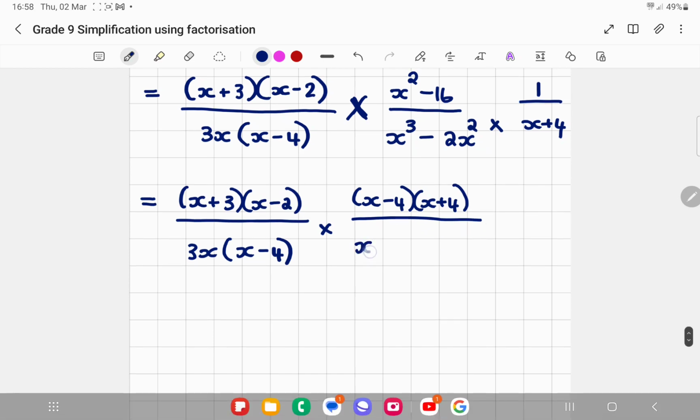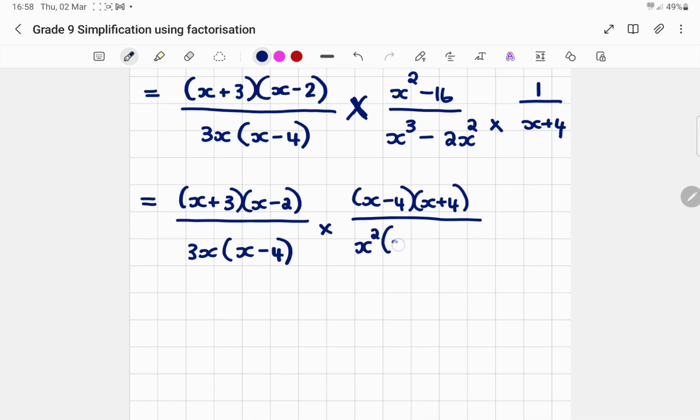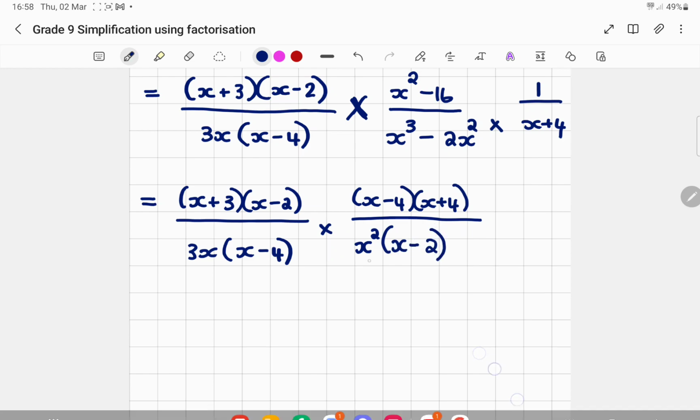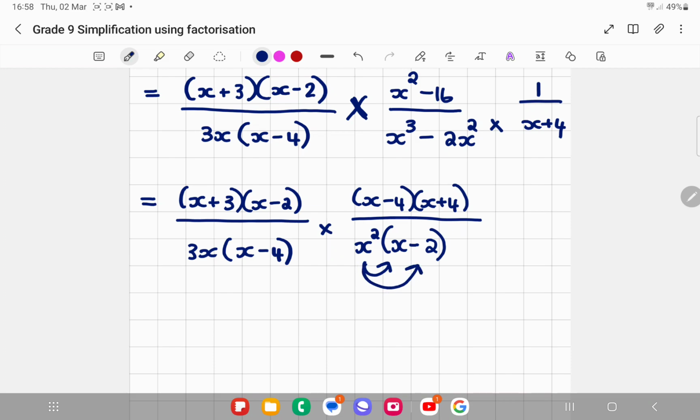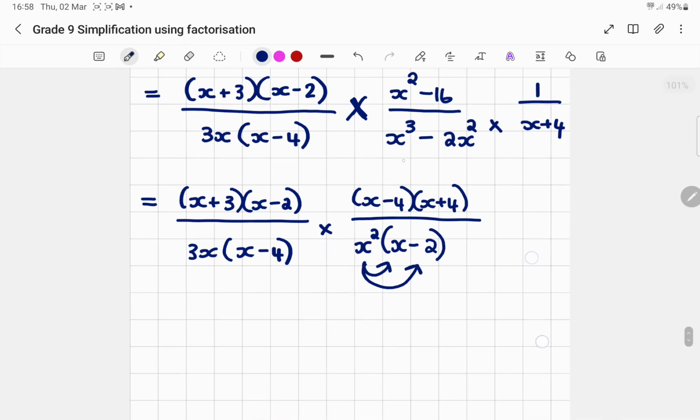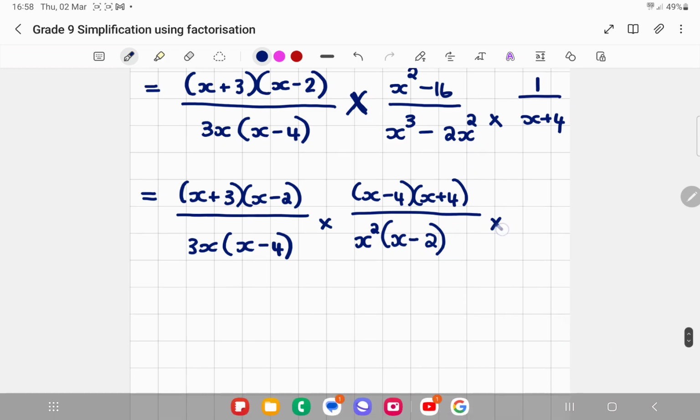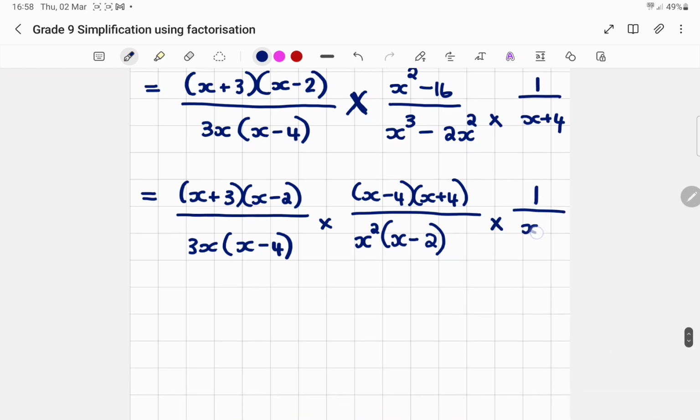I'm going to take out x squared. What is left? x minus 2. You can check yourself if you had to multiply it in. Does it give you this part over here again? x to the power 3 minus 2x squared. Yes, it does. Times 1 over x plus 4.